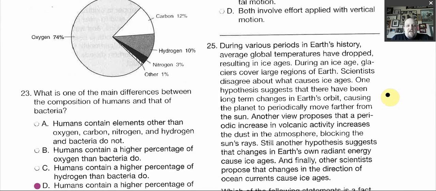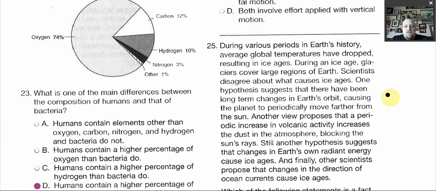During various periods in Earth's history, average global temperatures have dropped, resulting in ice ages. During an ice age, glaciers cover large regions of the Earth. Scientists disagree about the cause of ice ages. One hypothesis, so guess, suggests that there have been long-term changes in Earth's orbit, causing the planet to periodically move farther from the sun.